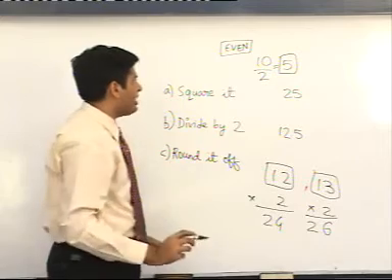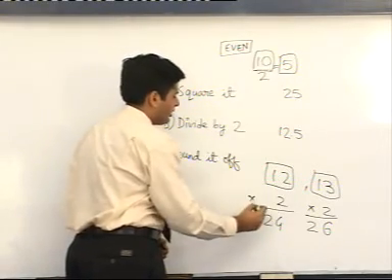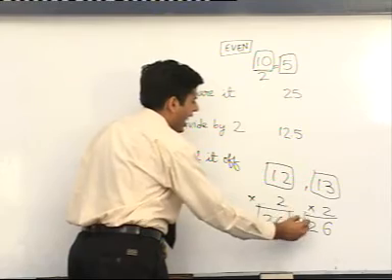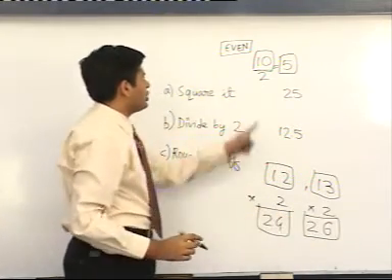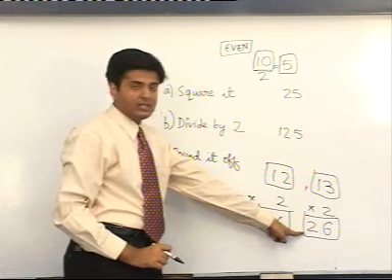So this is our main triplet, the one that we wanted: 10, 24 and 26. So 10 square plus 24 square is 26 square.